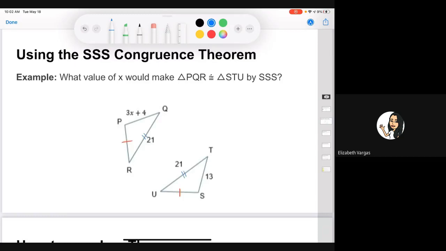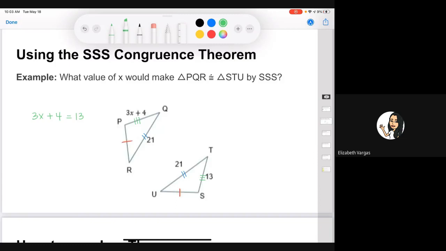This angle is also 21, so that angle is congruent to that angle. And lastly, in order to use the side-side-side theorem, we want to prove that this side is congruent to this side. So they have to be the same measure. Using that, we want to identify what x has to be in 3x plus 4 to make it congruent to that other side, 13.